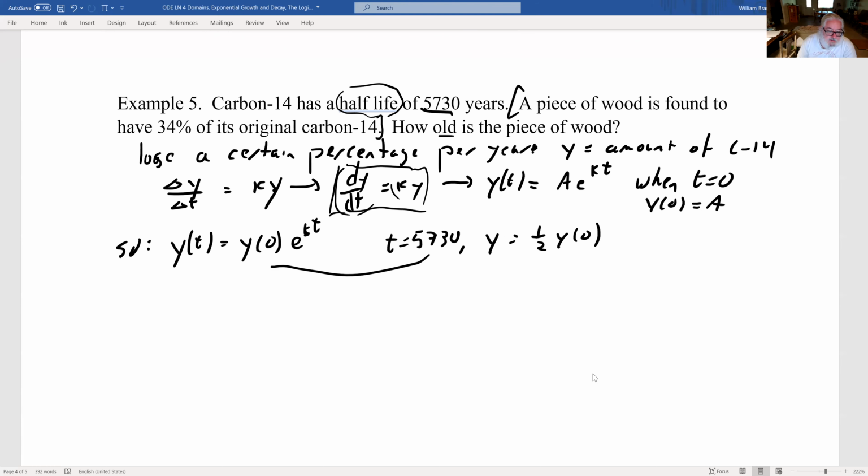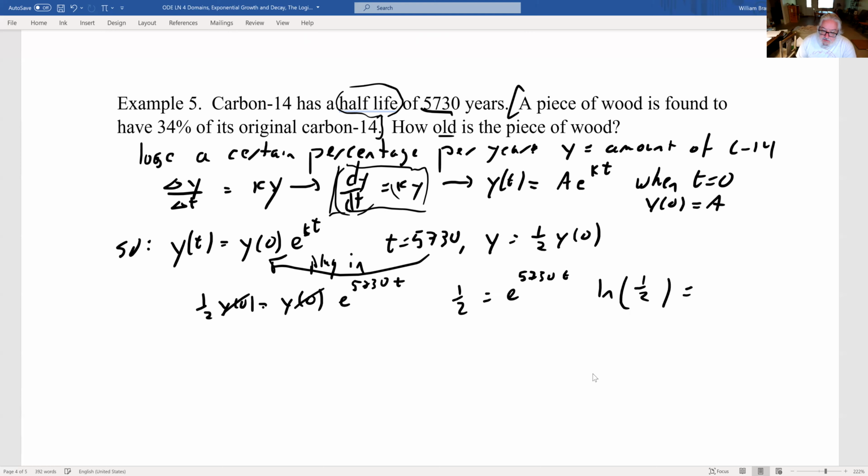So if we plug this in, we get 1/2 y0 equals y0 e to the 5730 k. Great. The y0s cancel out. We get 1/2 equals e to the 5730 k. Take log of both sides. And we can solve for k.